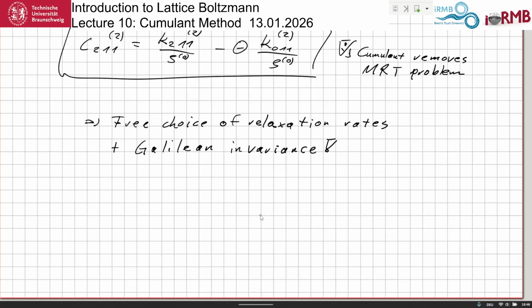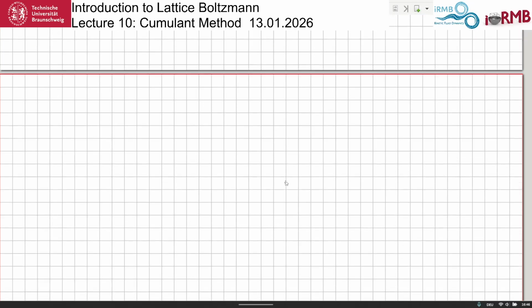I'll just tell you, okay? And then you do it, you'll still do it yourself. Okay, so this is now the lecture. The lecture on cumulants is done, and now we have a small add-on here on momentum exchange. So why do we use momentum exchange?